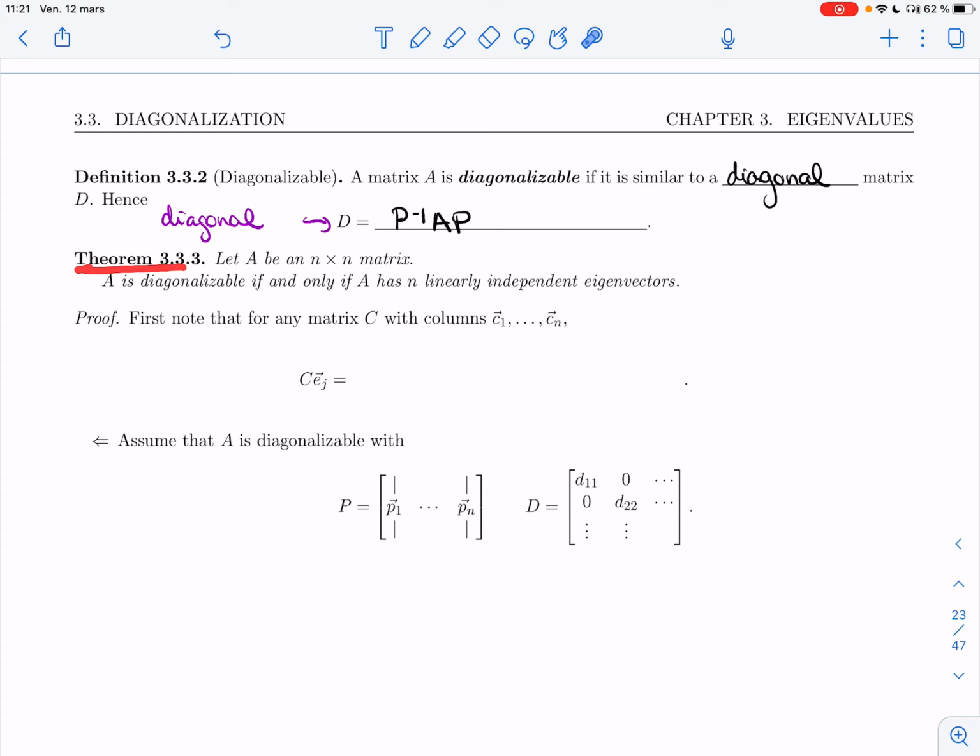All right, so we want to know when a matrix is diagonalizable. So this theorem tells it to us. Let A be an n by n matrix. A is diagonalizable if and only if A has n linearly independent eigenvectors. So if it has a basis of eigenvectors.